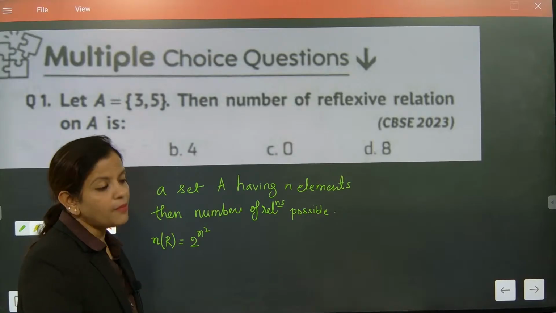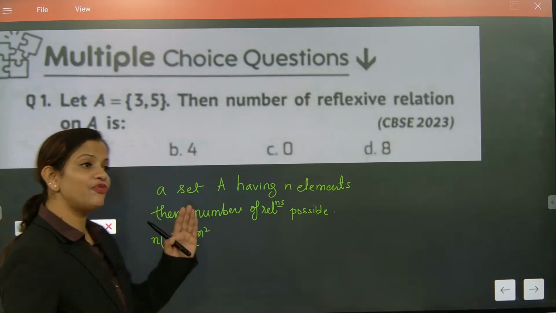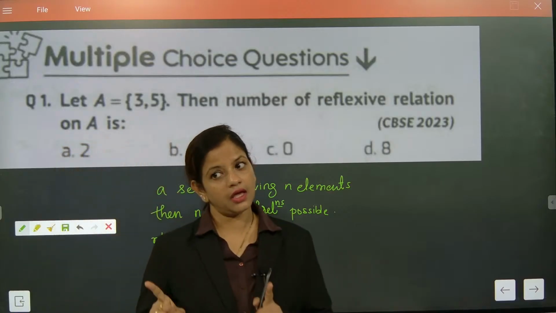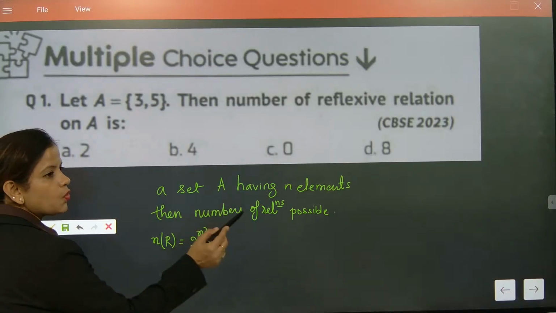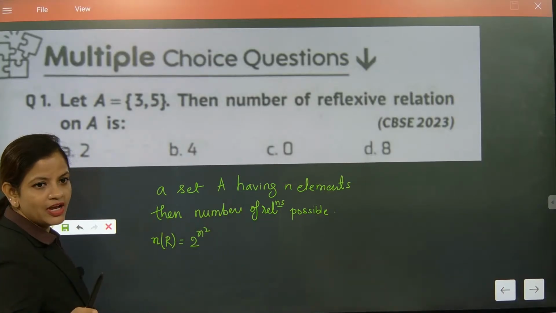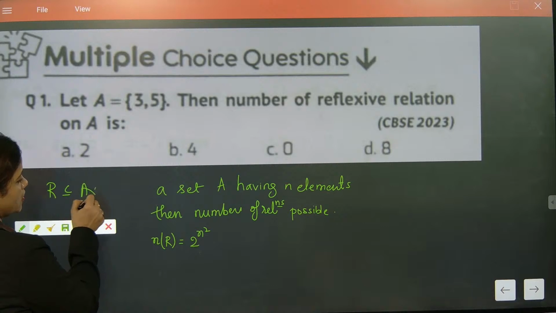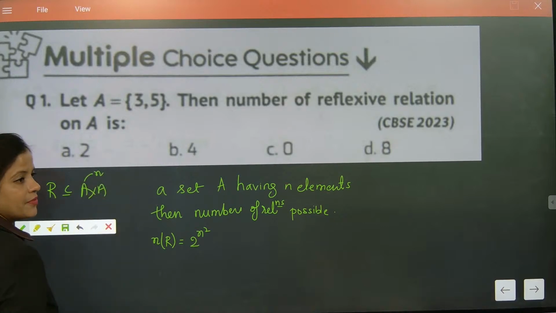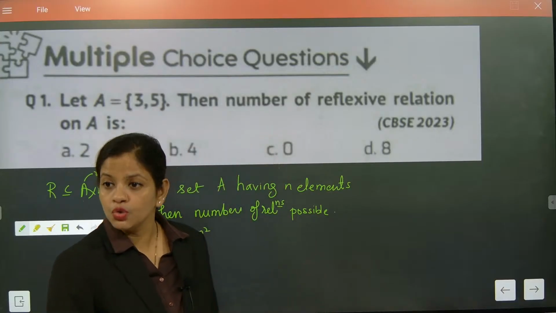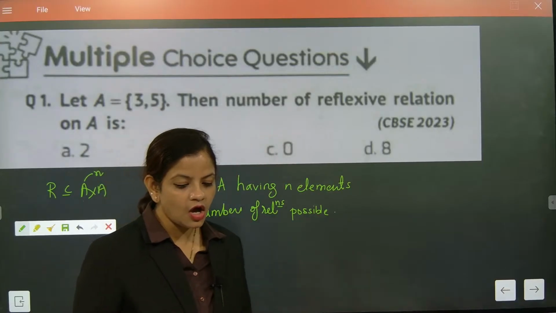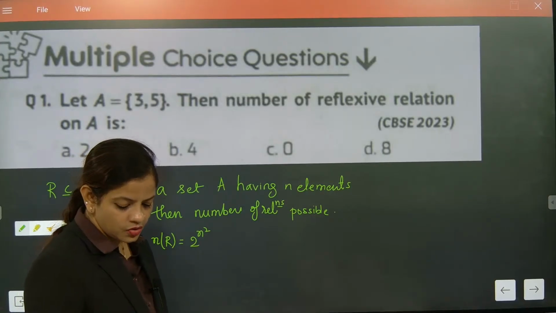Understood or not? If set A has n number of elements, that means a relation is a subset of A cross A, which has n square elements. Then the total number of relations is 2 to the power n square. Very good, Shivaranjani.